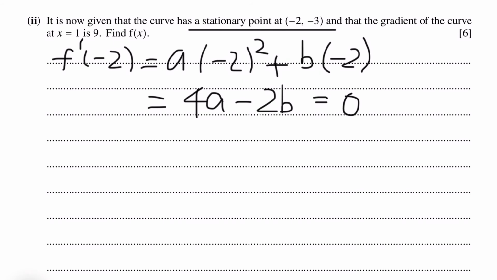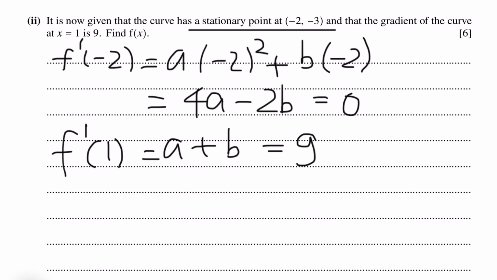The other one, the gradient of the curve at x equals 1, so we can just use the value 1: a plus b is equal to 9. So we'll use these two equations to perform the elimination or substitution methods.